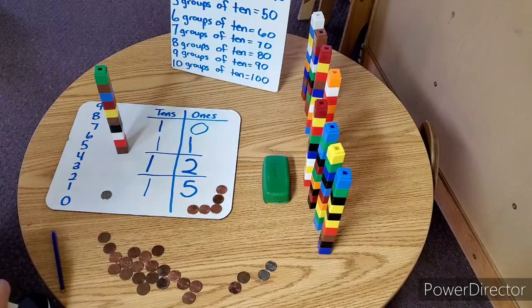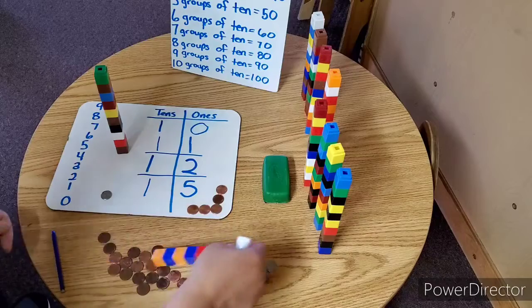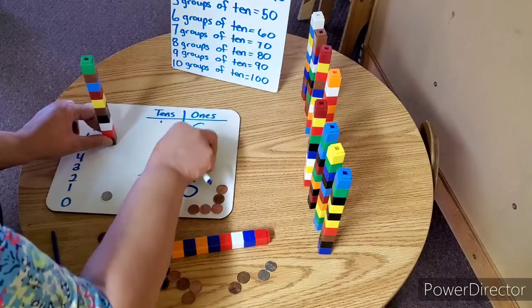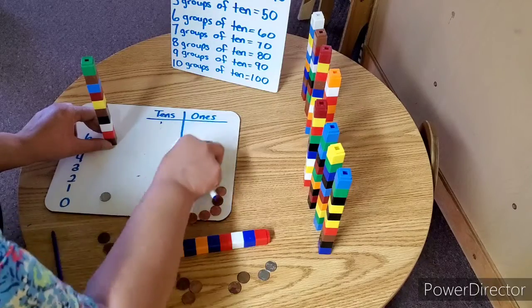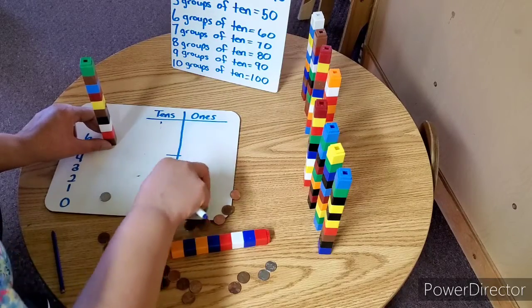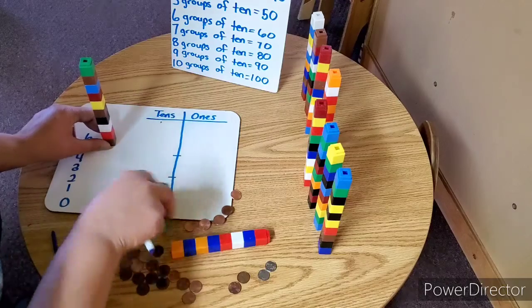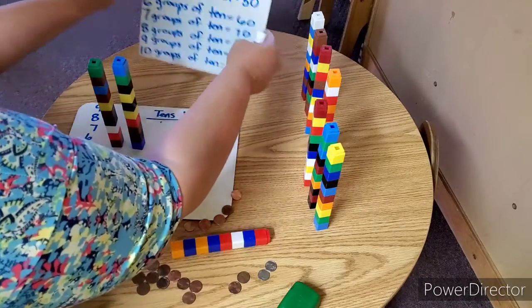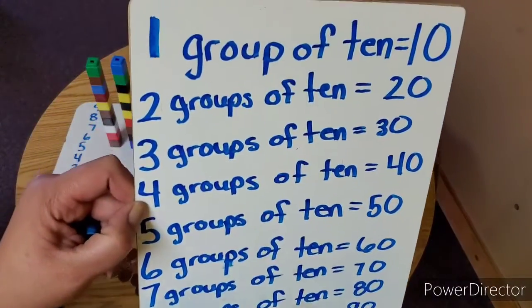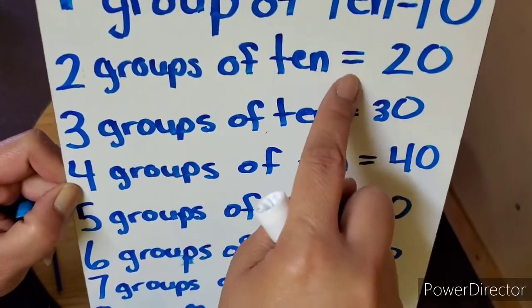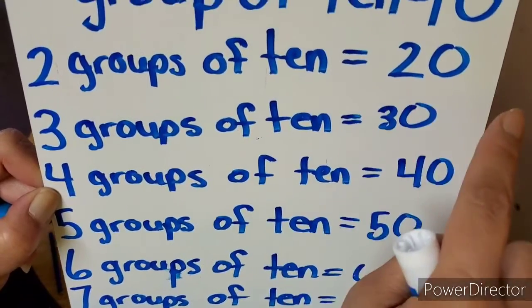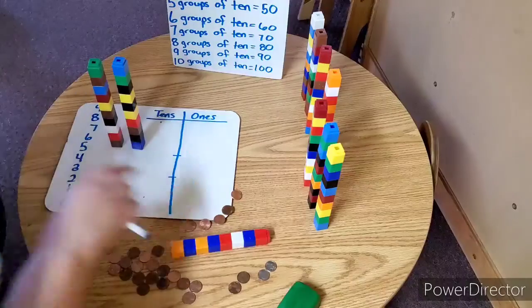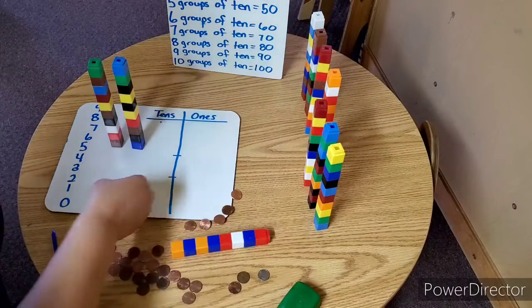Well, let's do something a little bit different. What if we have more than 1 ten? Ooh, tricky, tricky. Let's go with 2 groups of 10. Now, how many did we say 2 groups of 10 were? 2 groups of 10 equal 20. So how many dimes will I need?